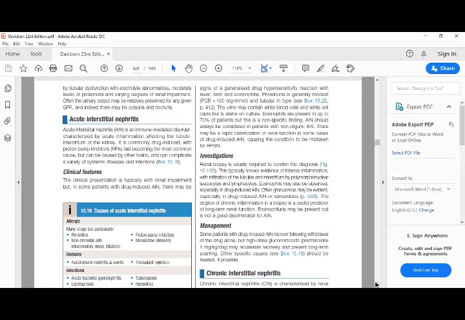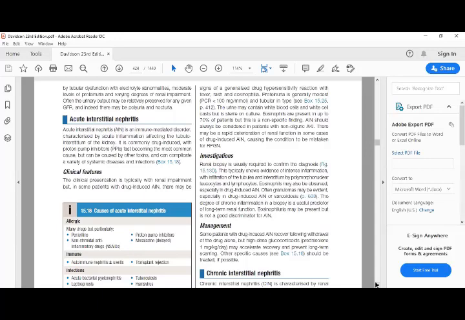This typically shows evidence of intense inflammation with infiltration of the tubules and interstitium by polymorphonuclear leukocytes and lymphocytes. Eosinophils may also be observed, especially in drug-induced acute interstitial nephritis.